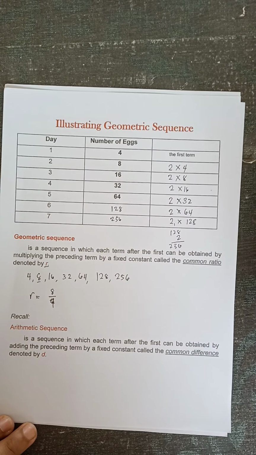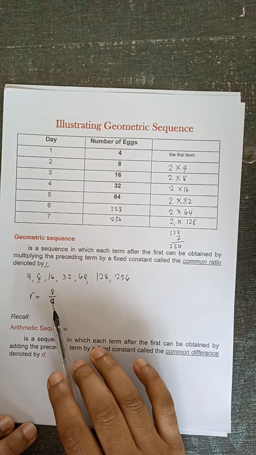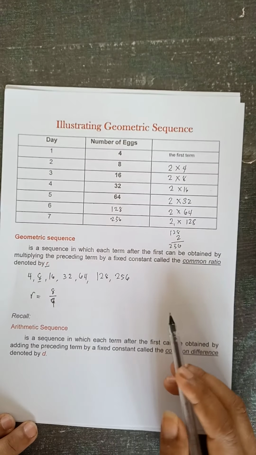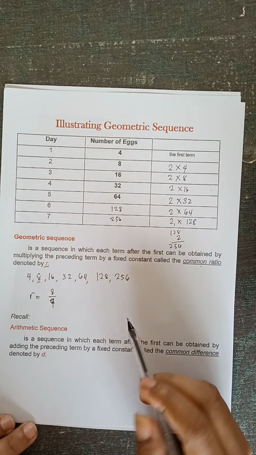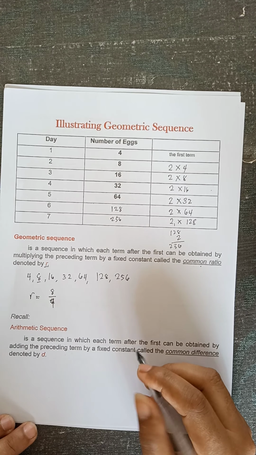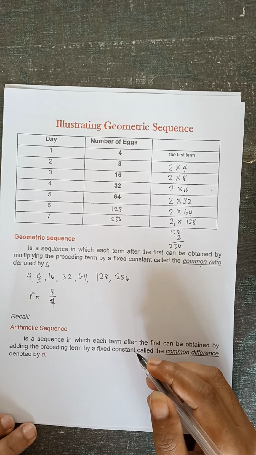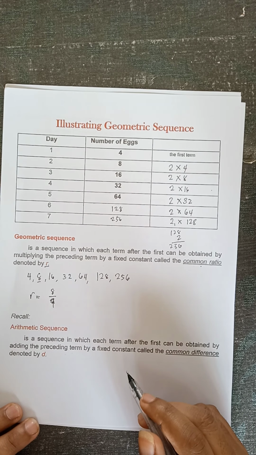So hello, this is the continuation of video number 1 because it was cut. Again, to obtain the common ratio R of a given geometric sequence, divide any term by the preceding term.